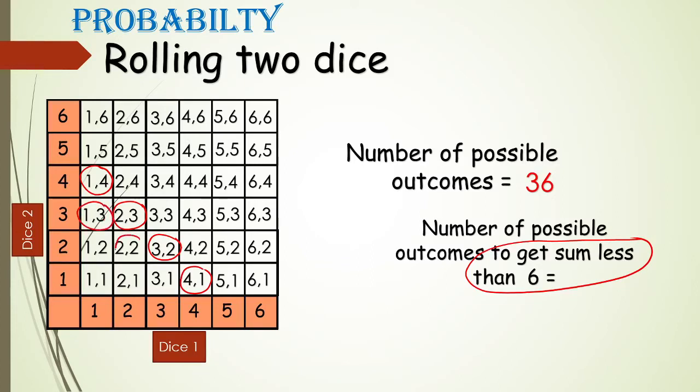Going down. We have a sum of 4, a sum of 3, and a sum of 2. Now, how many outcomes are there? There are 10 possible outcomes.